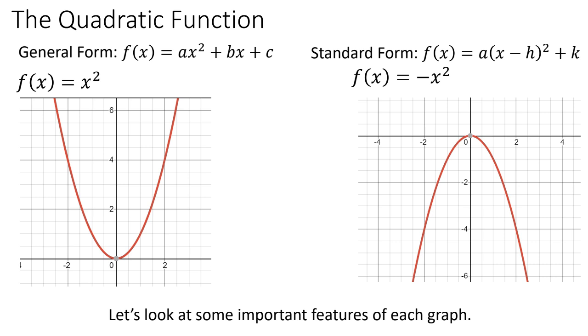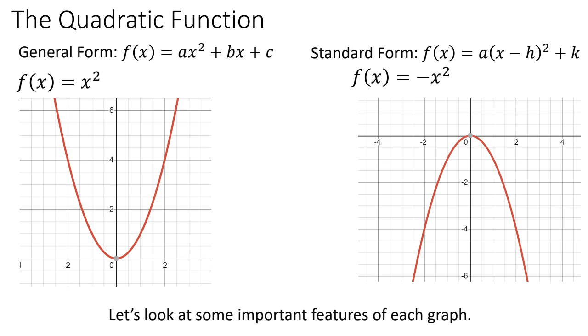This f of x equals x squared, again, is my parent, this U shape. But if I look at this graph now, minus x squared, we covered this already before. This will create a reflection on my x-axis. I only want to look at the negative values of my graph.